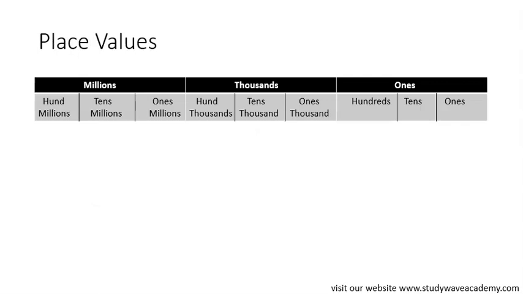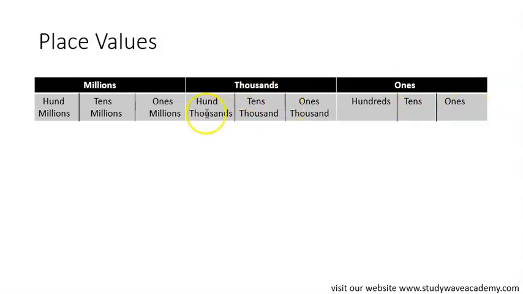This is the system we are going to be using for our place value in today's lesson. I just did a recap on how we have been using our place value. But today's video, we are going to be using this system to place our numbers according to their worth. We have the millions, thousands, and ones. And under the ones, we have hundreds, tens, and ones.